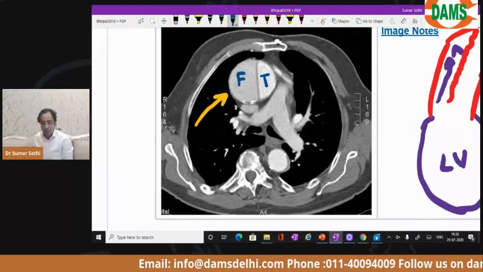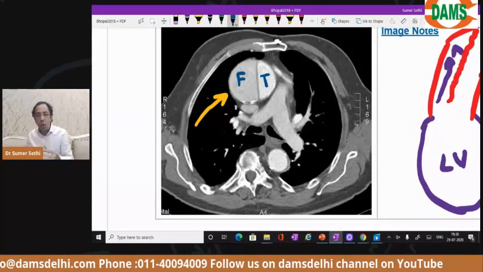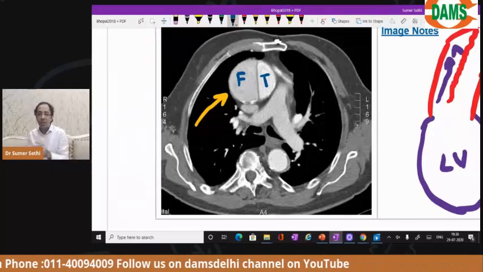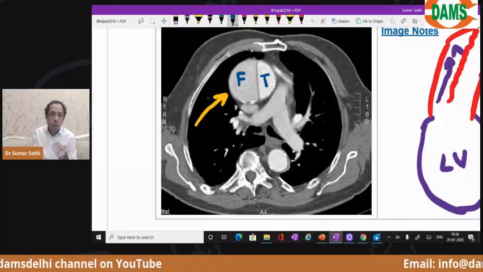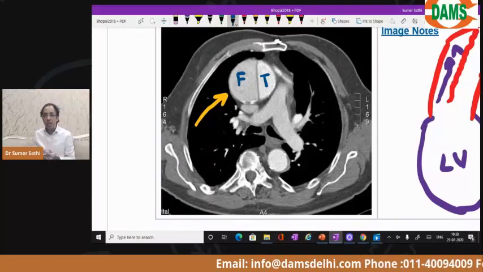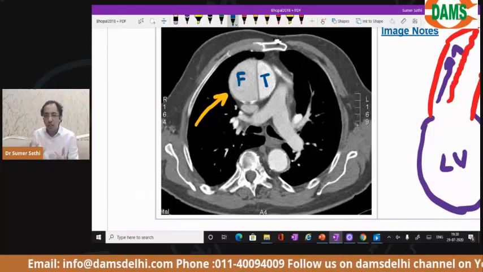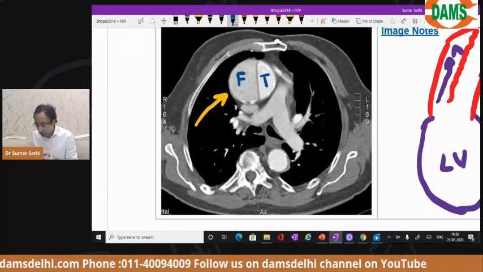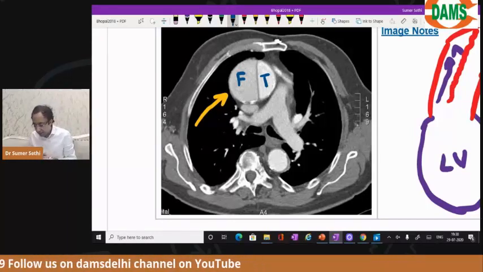The false lumen is the one where the blood has forcibly gone, so the dye is also going less there. That is why the false lumen is enhancing less than the true lumen. It is picking up less dye than the true lumen. It might have more sluggish flow. It might even get thrombosed. Are you clear? Should I repeat?